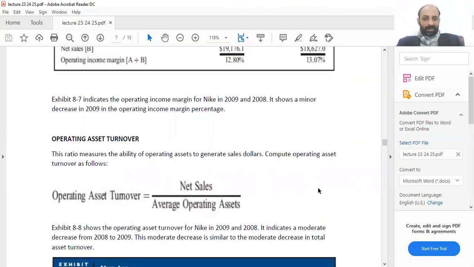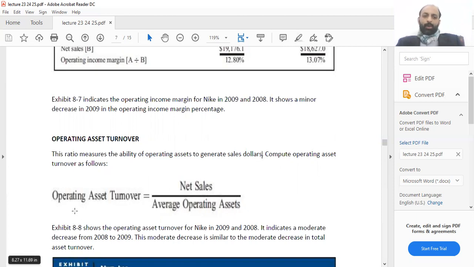What is operating asset turnover? This ratio measures the ability of operating assets to generate sales dollars. I've already told you what an operating asset is.